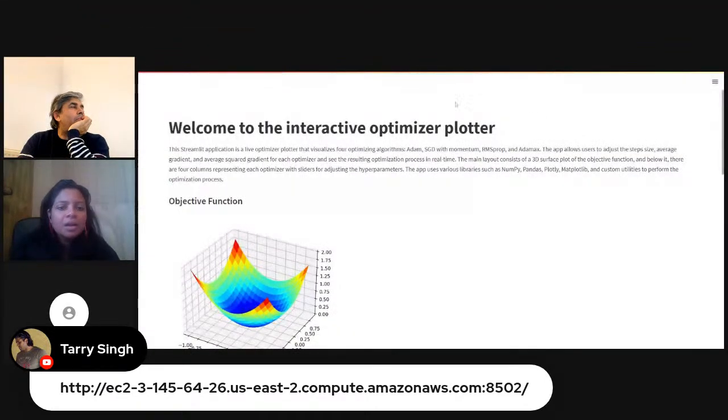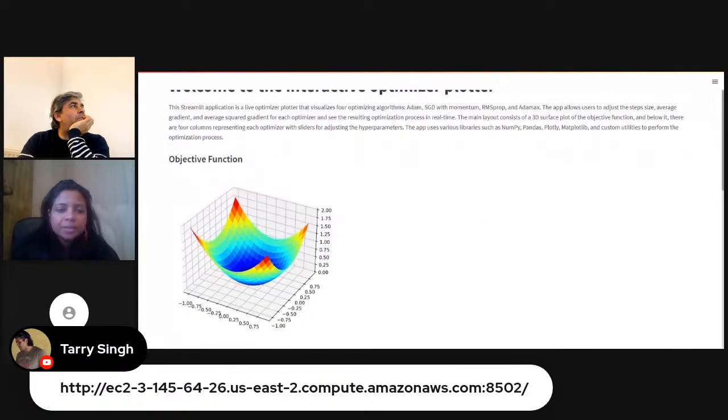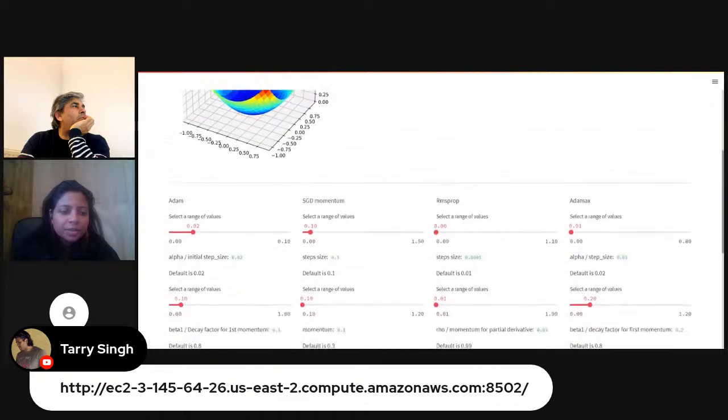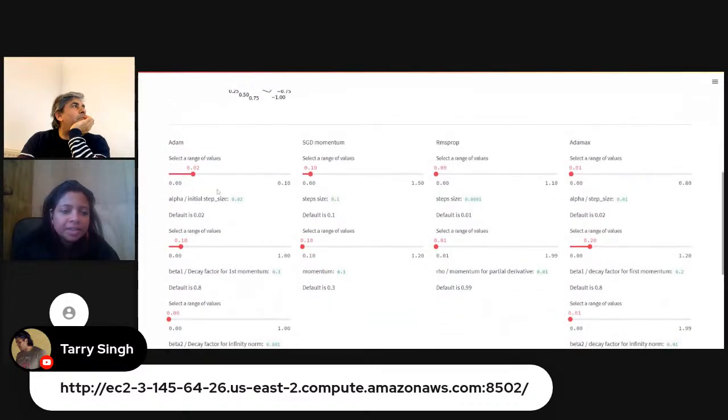Okay. So as I mentioned, our objective function is really simple, x squared plus y squared. So right now, let's say we set everything to default values. So for Adam optimizer, 0.8, the step size here, and the momentum, something like that, 0.1, and then 0.99.